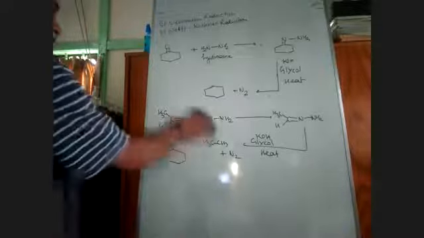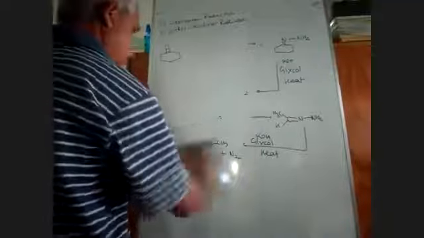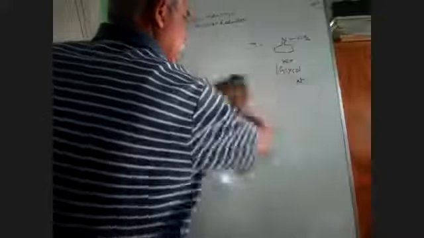Aldehydes and ketones can be reduced to corresponding hydrocarbons on reduction with hydrogen iodide, HI, in presence of red phosphorus at 423 Kelvin.